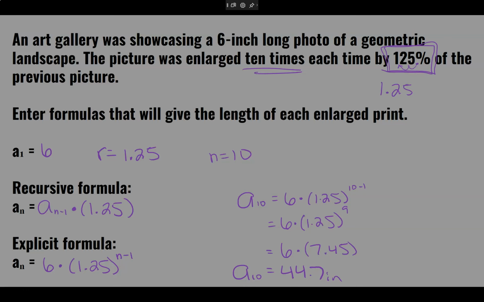Questions for me right now? Alrighty. You have a worksheet to work on. It follows your notes exactly. The front, see those tables? The first one you're filling in using recursive. The second one you're filling in using explicit, just like we did in our notes. Answer some questions about them. On the back, we've got some vocab in number 2, seeing if you know what the recursive and the explicit process uses. Number 3, you have a sequence.